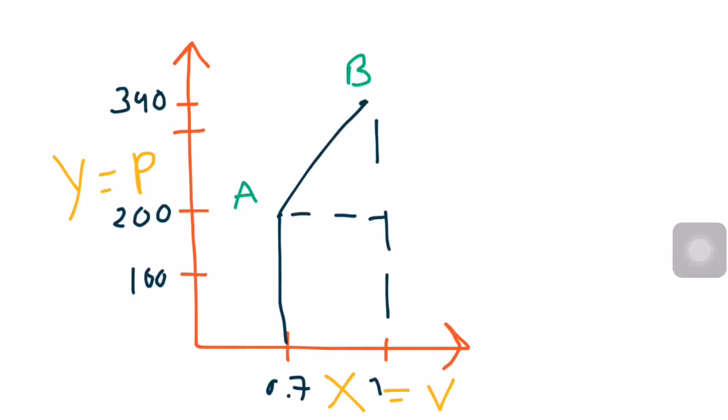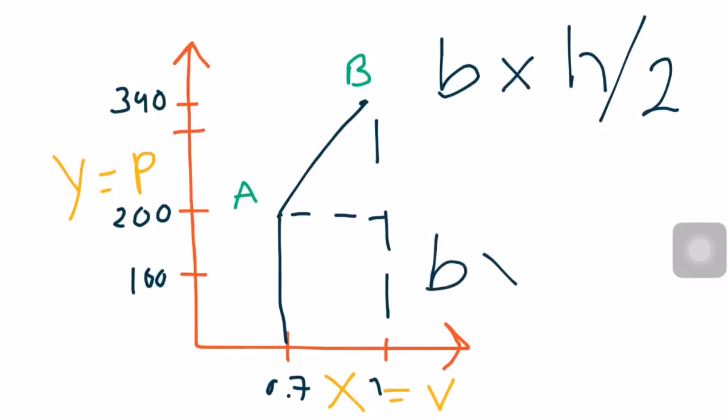Here we can see a triangle, and downwards is a rectangle. If you remember, the formula for the area of any triangle is b multiplied by h divided by 2, and for the rectangle is b multiplied by h.